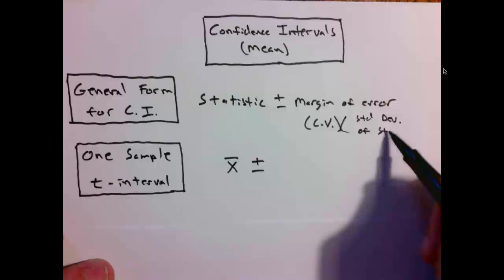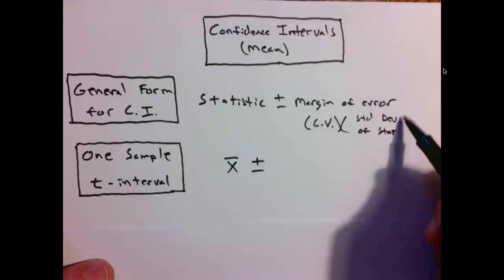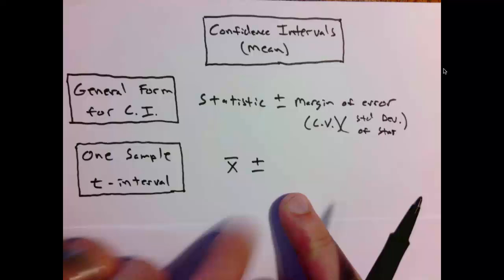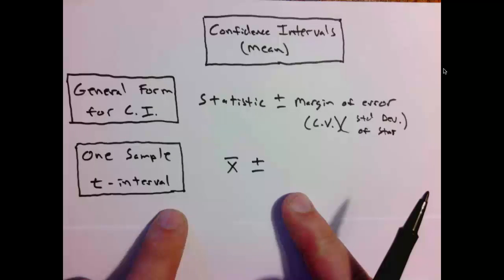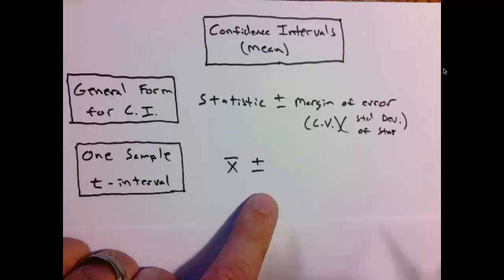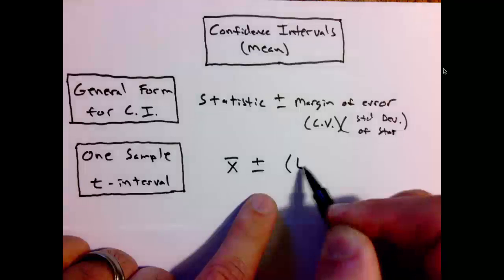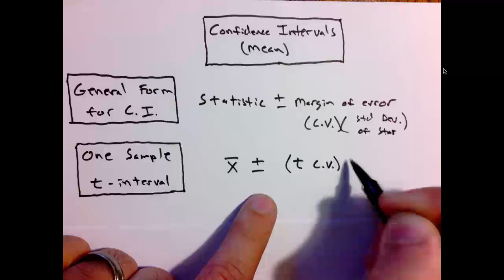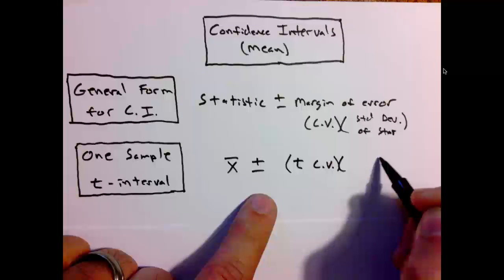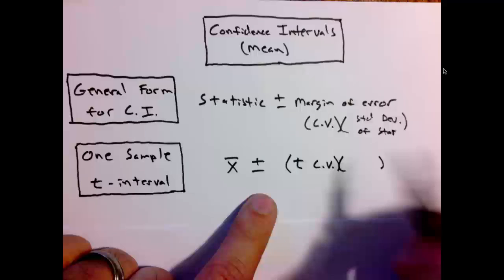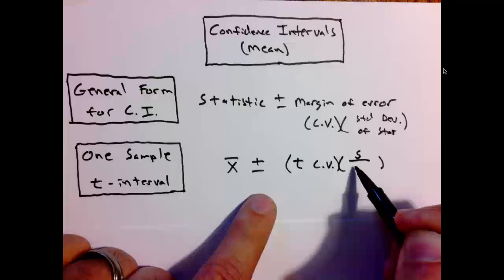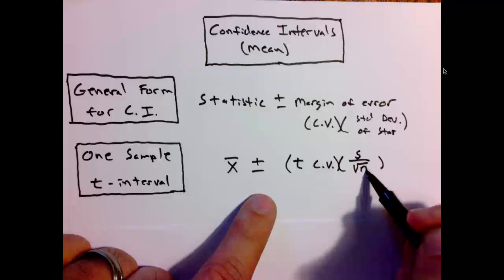In the particular case for our one sample t interval, the critical value is going to be a t critical value, and we'll discuss more about that in a second. The standard deviation of the statistic, as you saw in the previous video, is the sample standard deviation, s, divided by the square root of n.